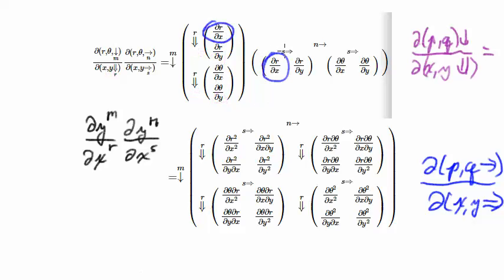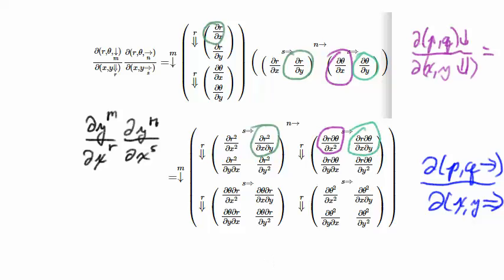Del r del x times del r del x is del r squared del x squared. Del r del x times del r del y is del r del x times del r del y. Del r del x times del theta del x is del r del x times del theta del x. Del r del x times del theta del y is del r del x times del theta del y.